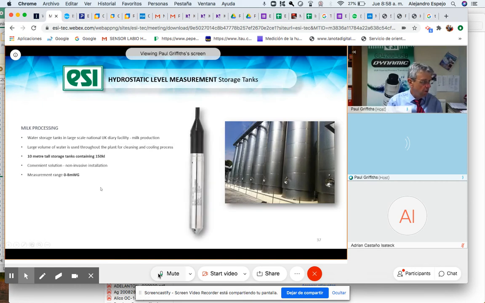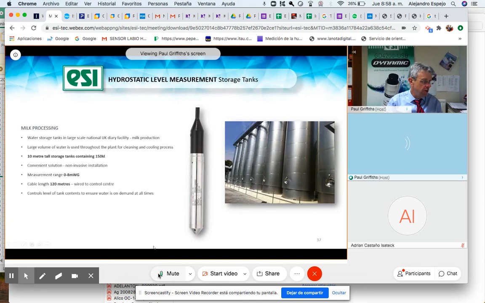So the pressure measurement range they required was 8 meters water gauge with 120 meters of cable. So this means that they run the cable up the side of the tank to the top and then down into the tank and actually across to a control center where they can monitor the level of water.